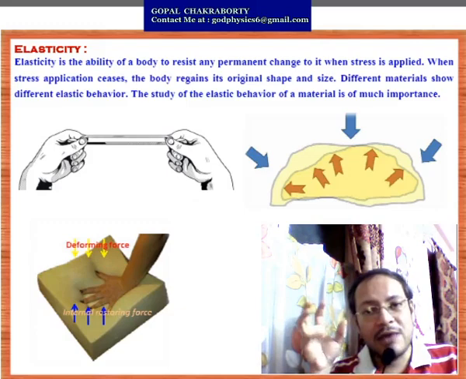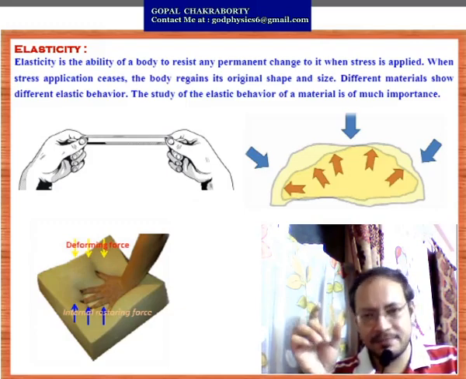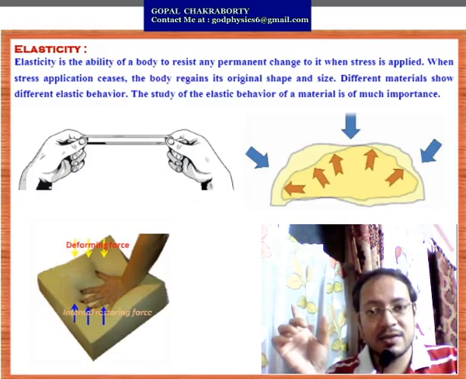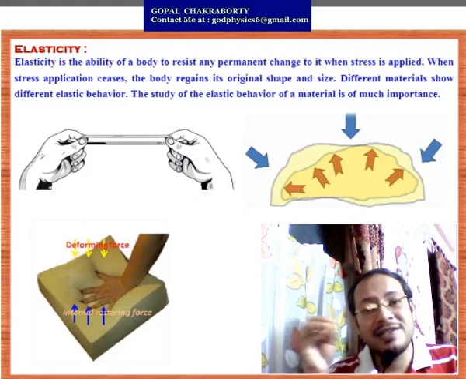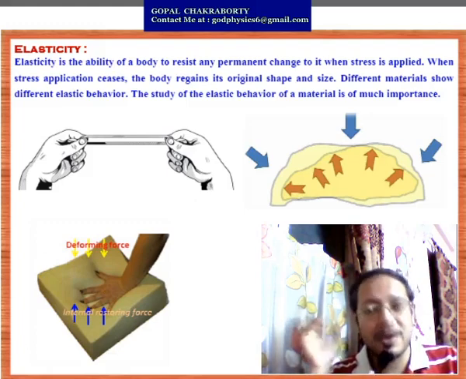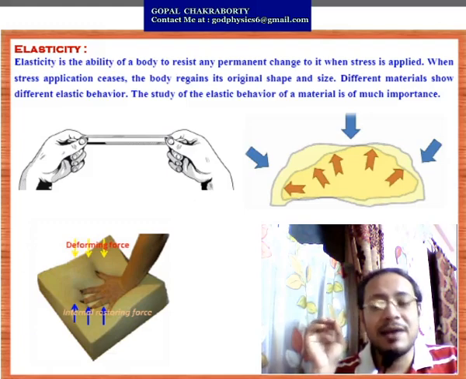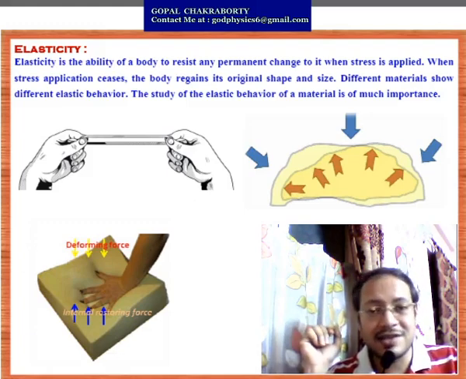When you apply a deforming force in the outward direction, the elastic is stressed, and an internal restoring force is generated. Why is it called the restoring force? Because it helps the body restore its original size and shape.